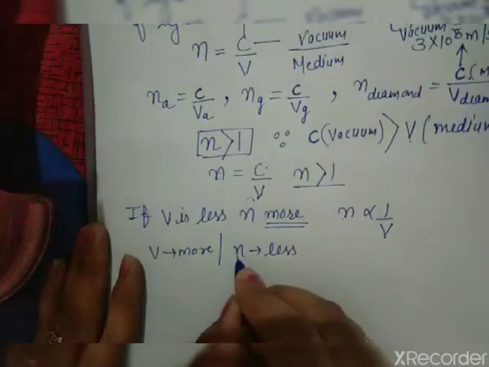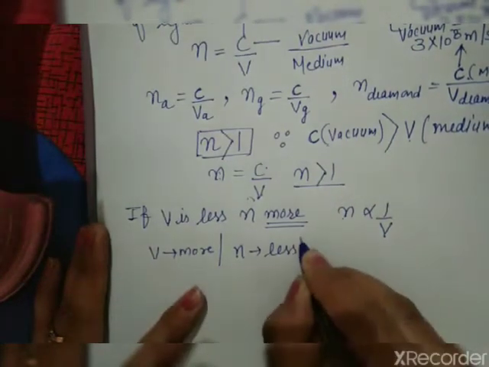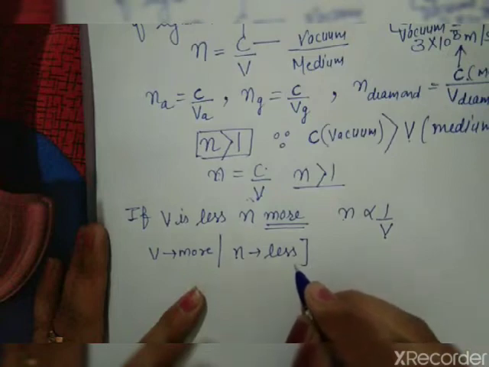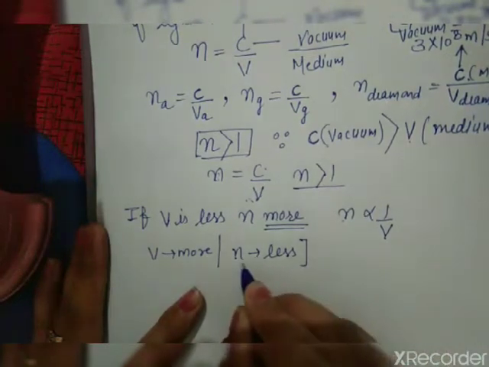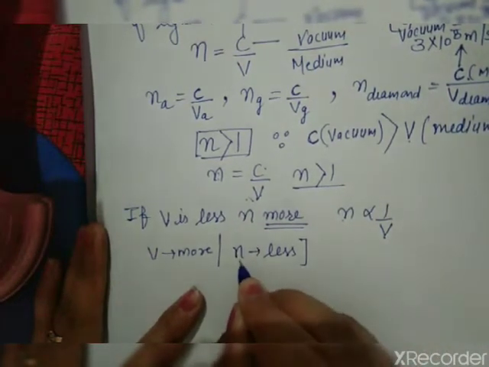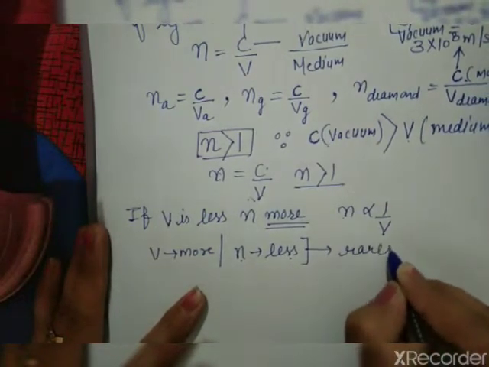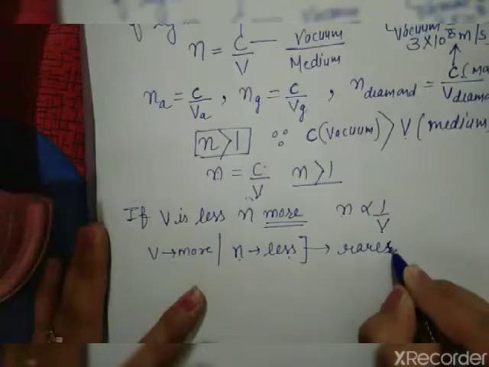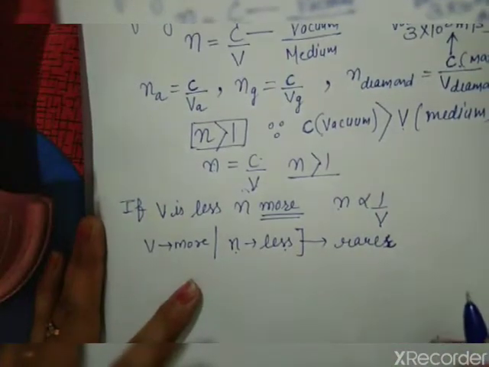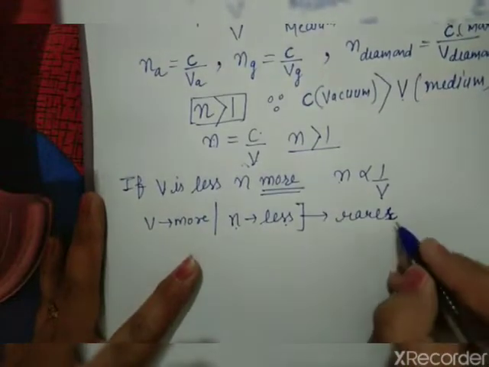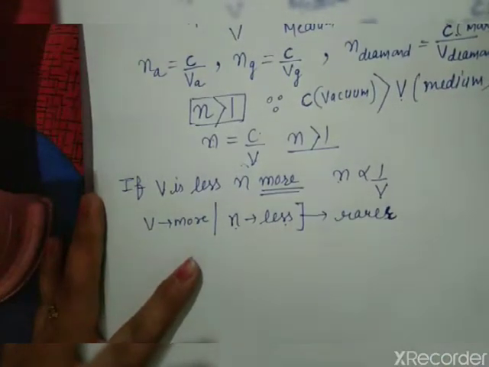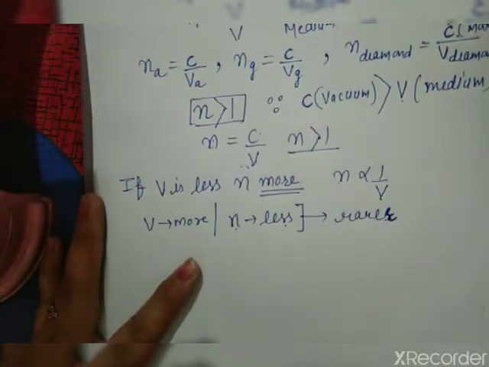Refractive index tells us about the optical density. Optical density means whether a given medium is rarer or denser. If the refractive index is less, it means it is a rarer medium. So we can say it tells us about the optical density of a particular medium also.